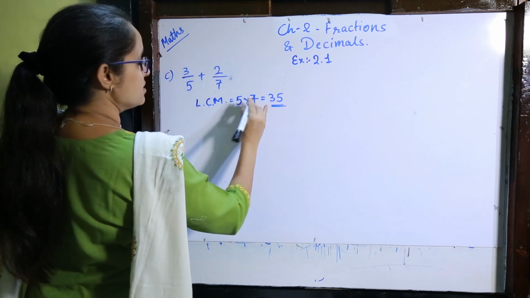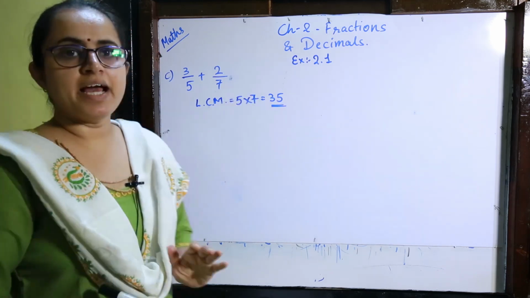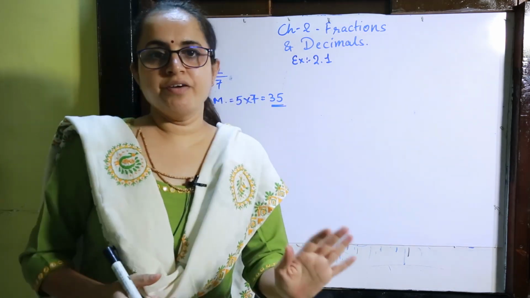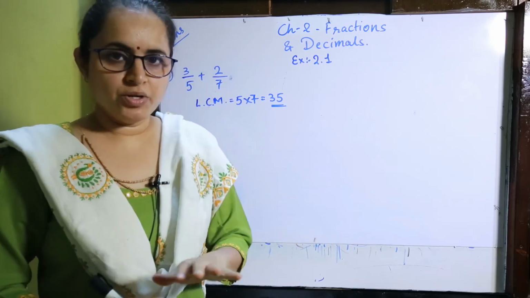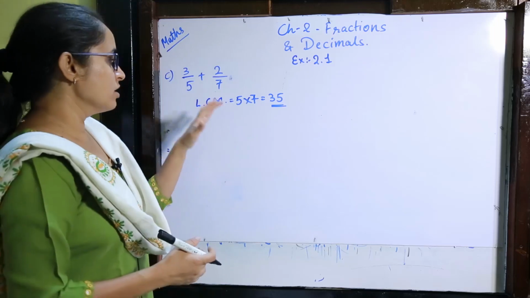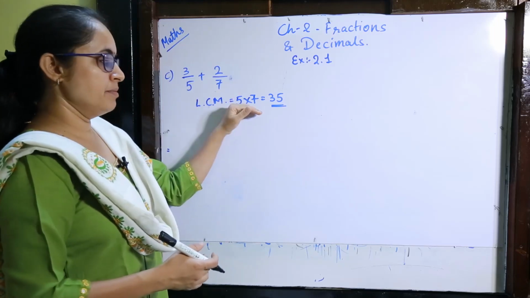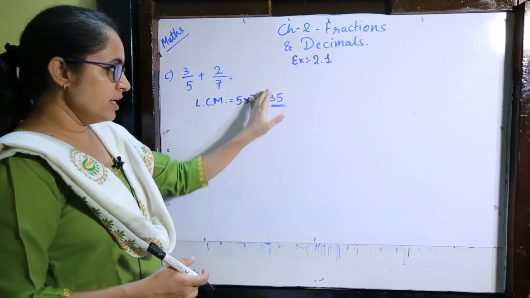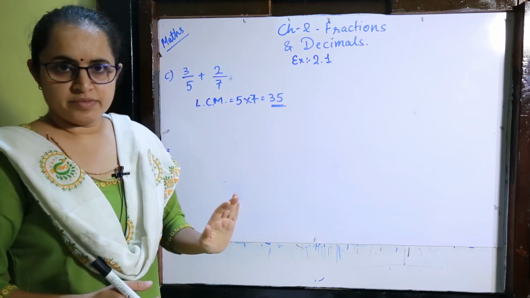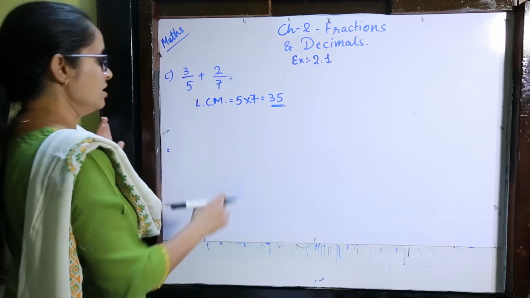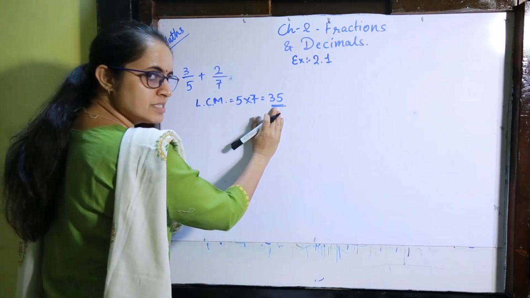So LCM is 35. Every time whenever you are having unlike fractions in addition and subtraction, you have to find out the LCM and the denominator must have the LCM, okay, that is the condition. So here 35 is the LCM.